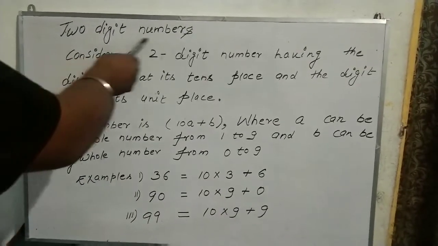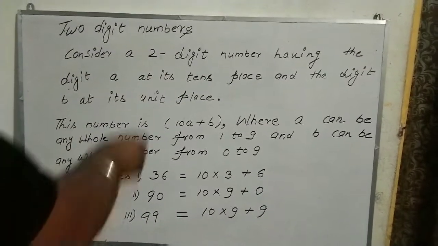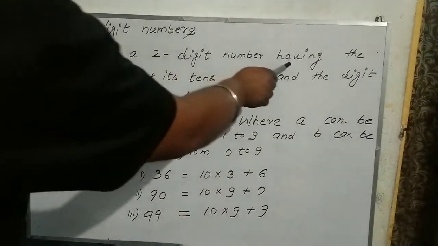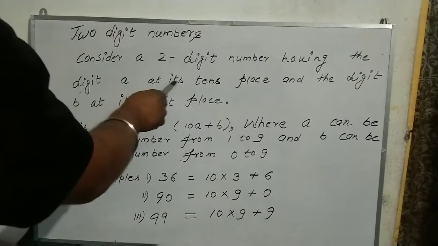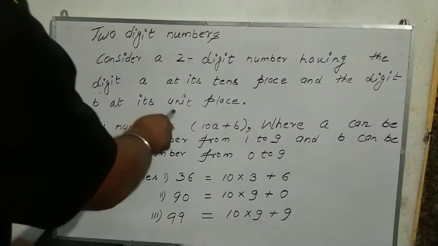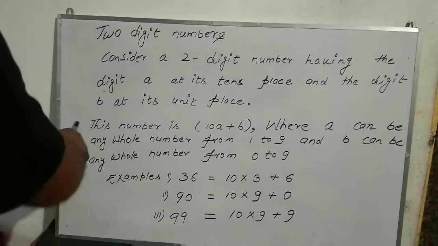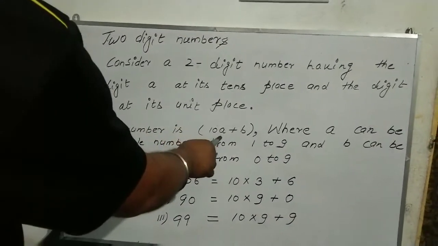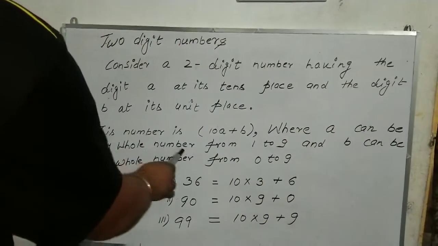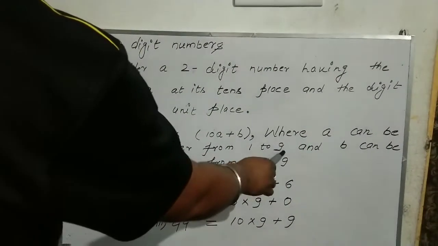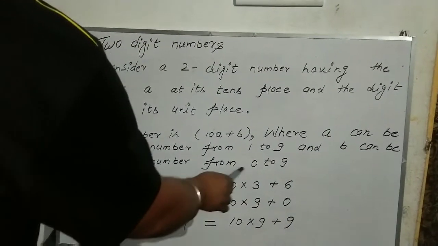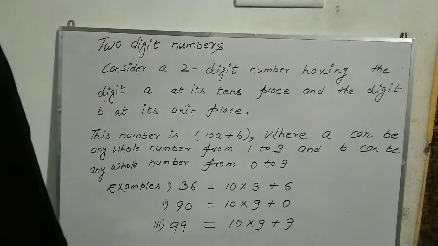Next is two-digit numbers. To understand this, consider a two-digit number having the digit A at its tens place and the digit B at its unit place. This number is 10A plus B, where A can be any whole number from 1 to 9 and B can be any whole number from 0 to 9.